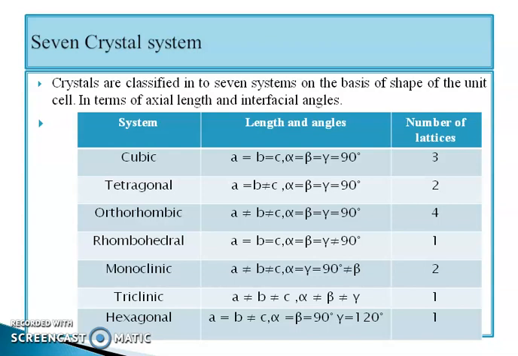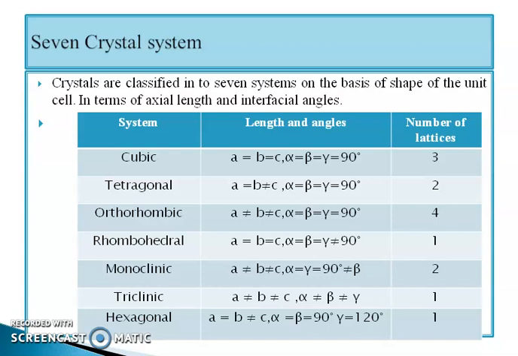Sides are the same. All the three angles are also the same, but the condition is that they are not equal to 90 degrees. This is the only difference between cubic and rhombohedral structure. In monoclinic, three sides are different. The two angles alpha and gamma are 90 degrees but not beta, and they are of two types.